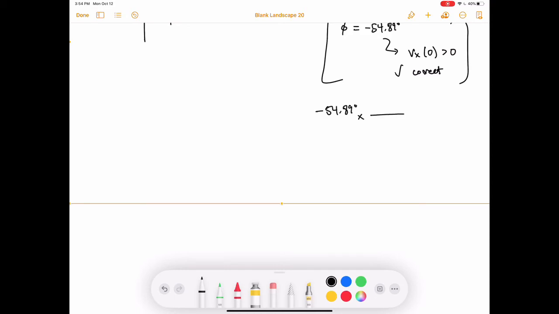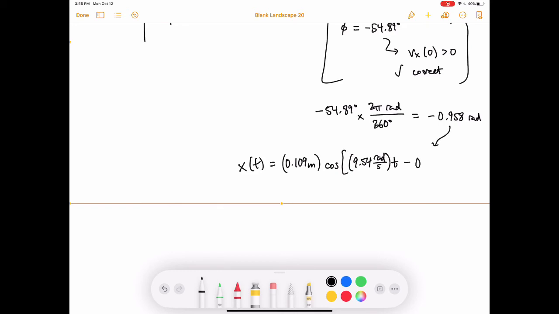If we multiply that by 2 pi radians over 360 degrees, that's the conversion factor, this will give us minus 0.958 radians, which means the full solution is x equals A, which is 0.109 meters, times cosine of omega, which is 9.54 radians per second, times t, and then there's our phi, minus 0.958 radians.